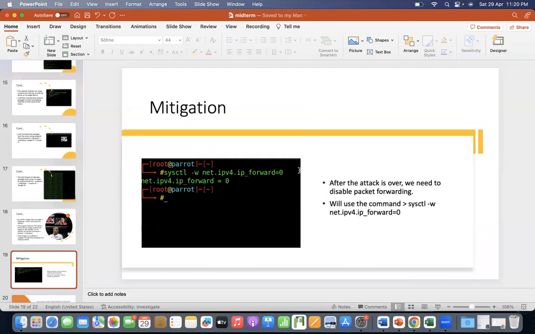After the attack is over, we need to disable packet forwarding, so we use the command sysctl -w net.ipv4.ip_forward=0, so that after running that command, packet forwarding will be disabled.